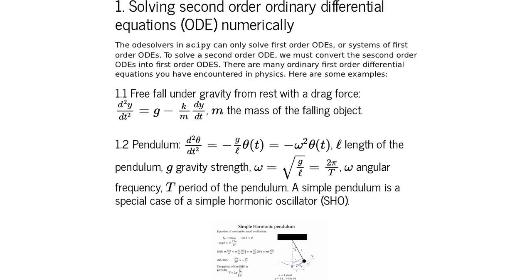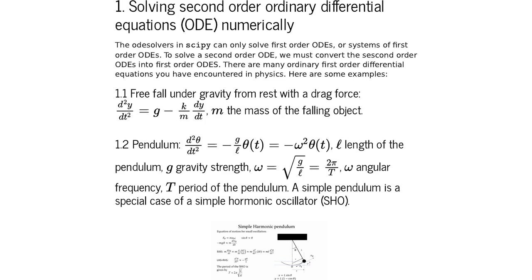Welcome everyone. Today we are going to explore how to numerically solve second-order ordinary differential equations, which are fundamental in describing many physical phenomena. The primary challenge we will address is that common numerical solvers, like those in SciPy, are designed for first-order ODEs, or systems of first-order ODEs.